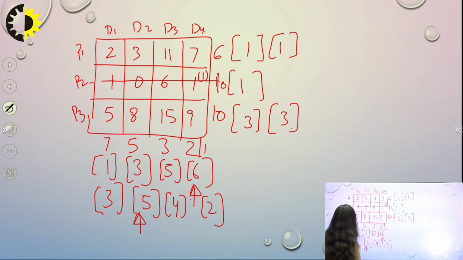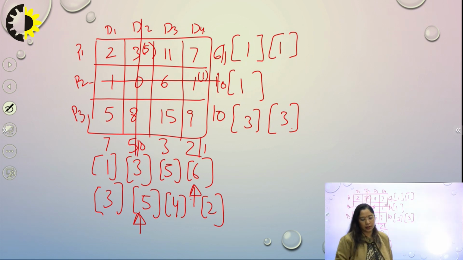So here the minimum number is 3. So we will allocate first of all 3. The demand here is 5. So 1 is left. So we will first remove this.